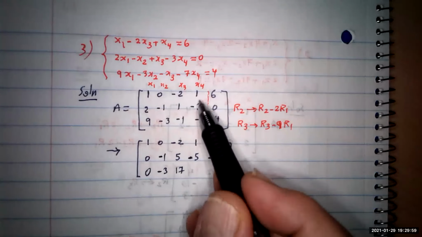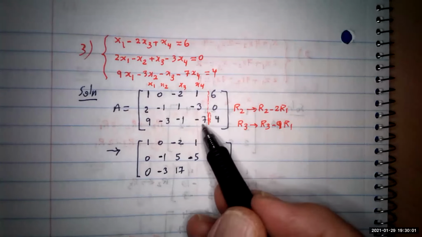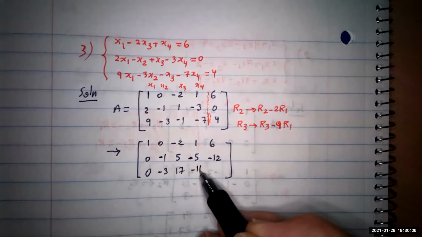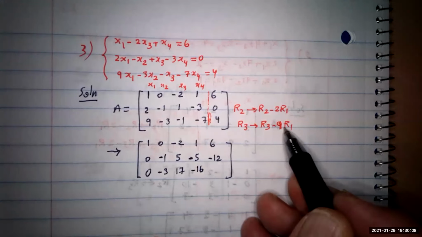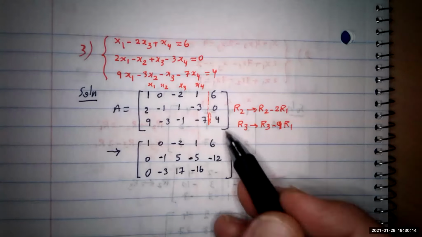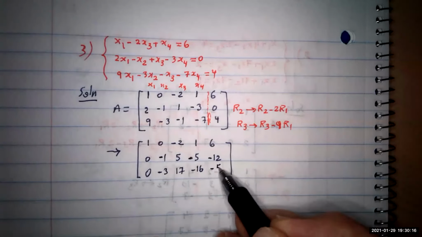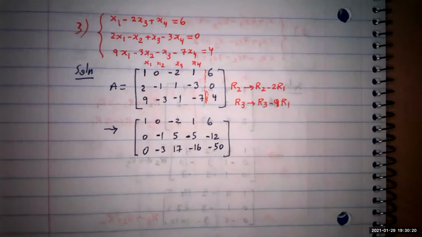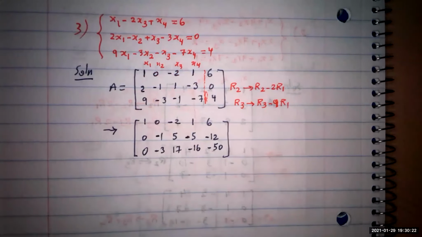And the next one that would be 9, negative 9, and negative 7 would be negative 16, negative 16, and over here we have what? We have a negative 54. Negative 54 and 4 would be negative 50. So that would be the resulted matrix. Okay, so R3 minus 9R1.